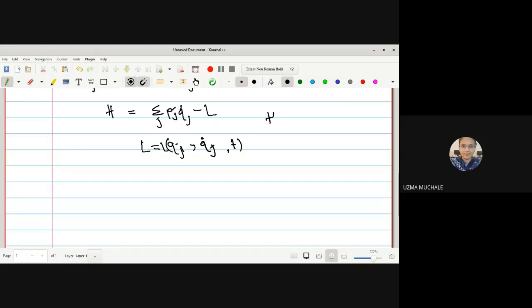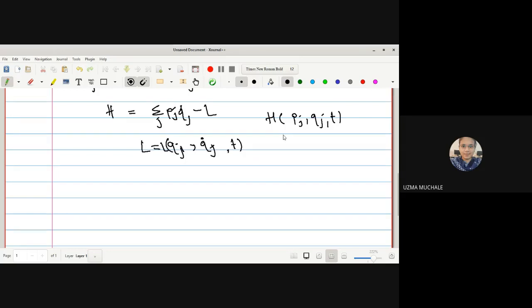But what is H? H is a function of pj, qj, and t. Those who remember, in the last lectures we have studied that H is a function of pj, qj, and t, and L is a function of qj, qj dot, and t.